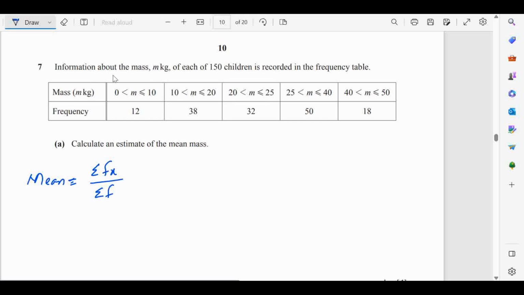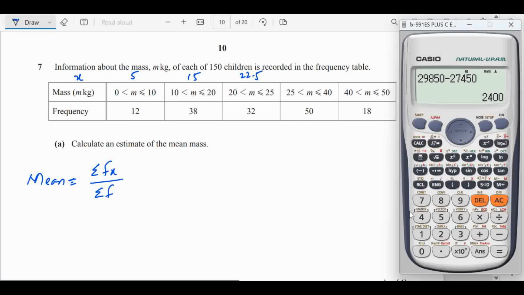Now, x will be the mid values: 5, 15, 22.5, then 25 and 40.